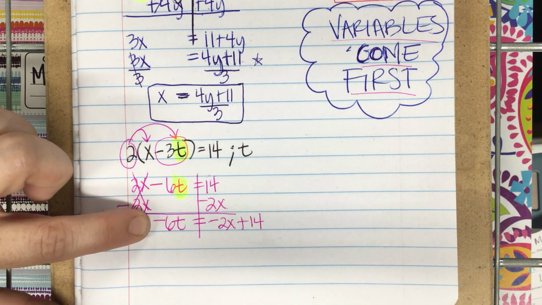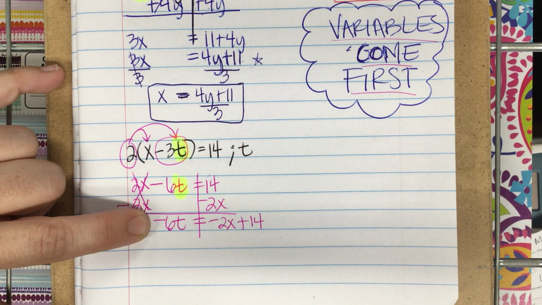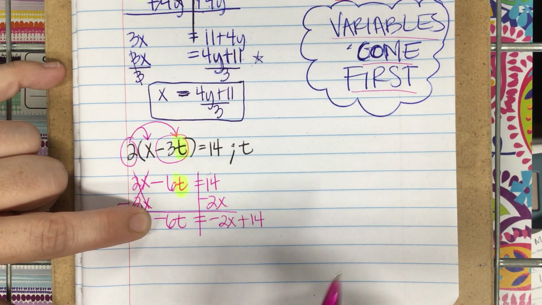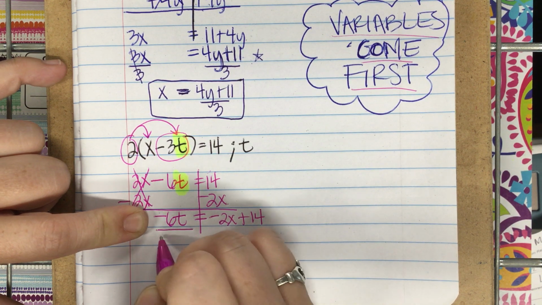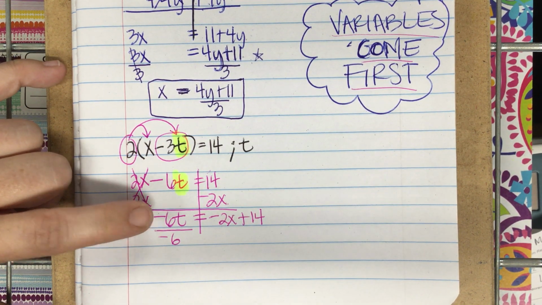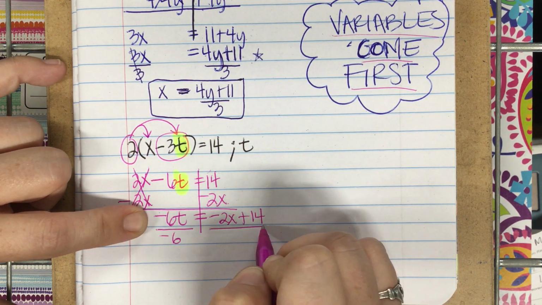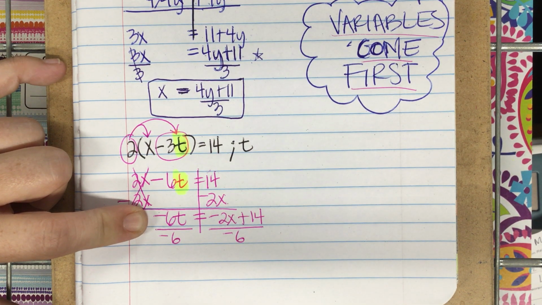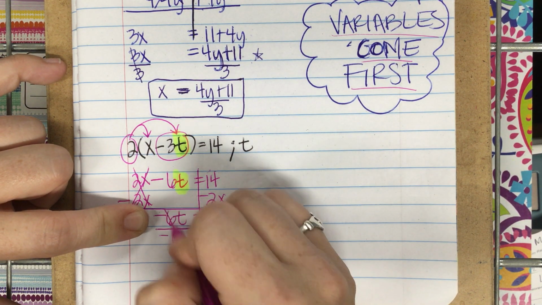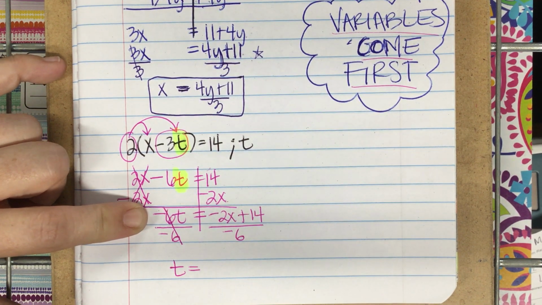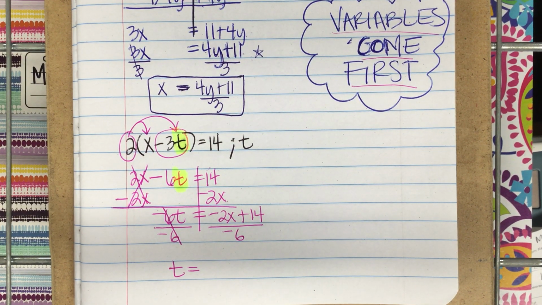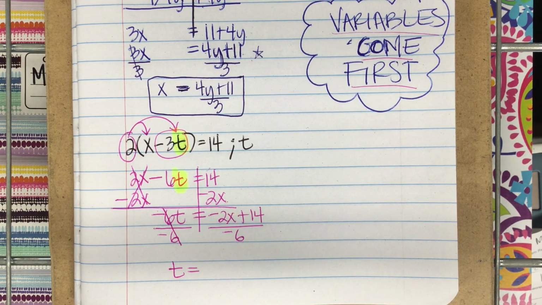Is t alone yet? Not yet. Divide by negative 6, because that's my coefficient. t equals, do you know what negative 2x plus 14 divided by negative 6 is?